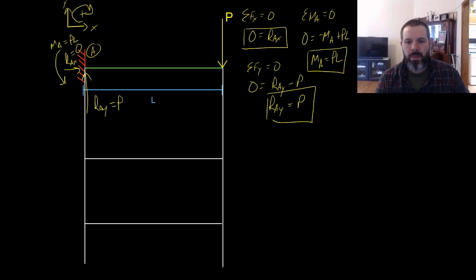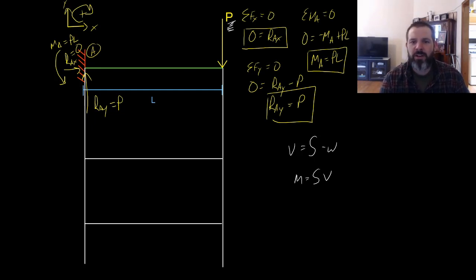Now, as we understand, we know that shear is equal to the integral of minus the load function, and the moment is equal to the integral of the shear. On this cantilever beam, we don't have a loading function.